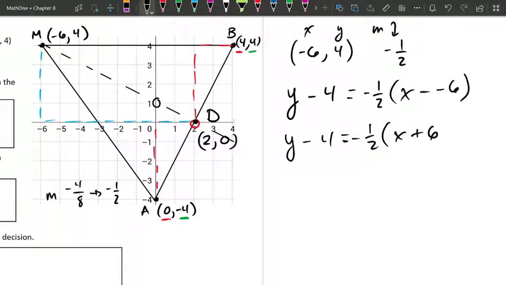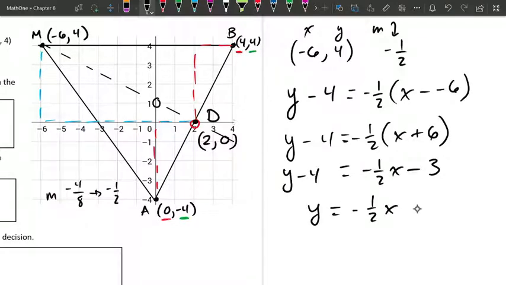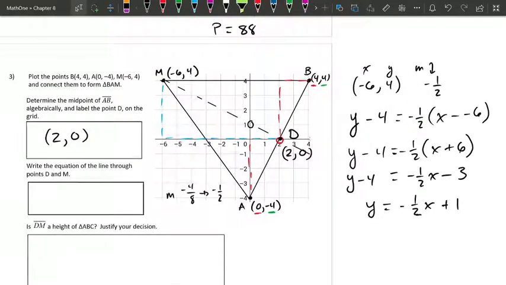If I distribute the 1 half, it's negative 1 half x minus 3, because negative 1 half times 6 is negative 3. And finally, if I add 4 to both sides, y is negative 1 half x plus 1. So yes, my y-intercept was at 1. That's great. So my equation here is y equals negative 1 half x plus 1.